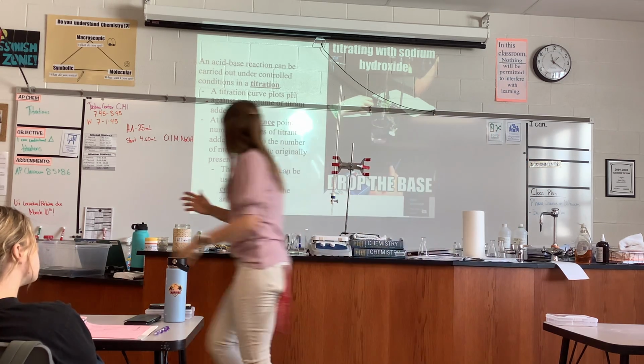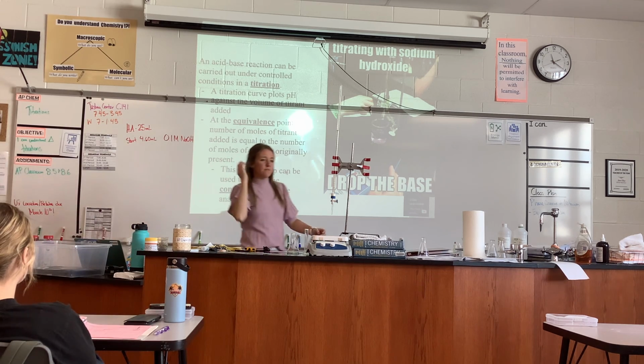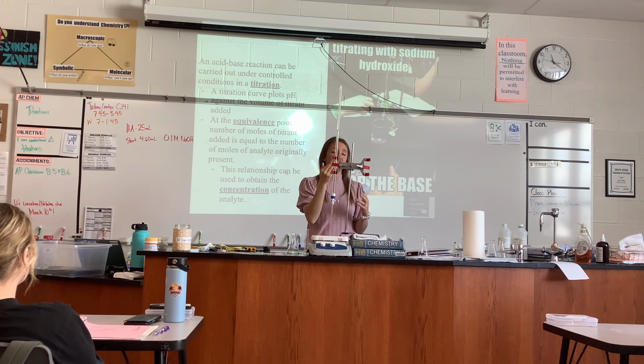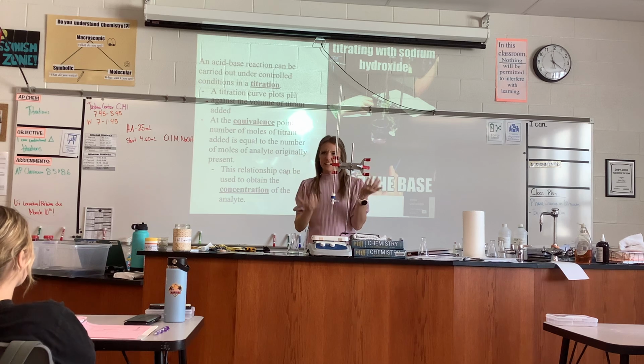So with this idea, let's talk about our equipment. Whenever you do a titration, you use this device called a burette. The point of this is to deliver a liquid in very slow drop by drop amounts. It makes it very, very controlled. That's why it's so long, but there's various sizes of them.